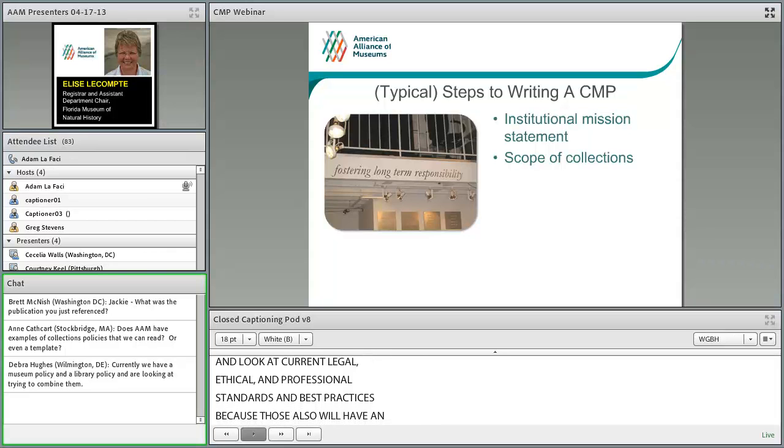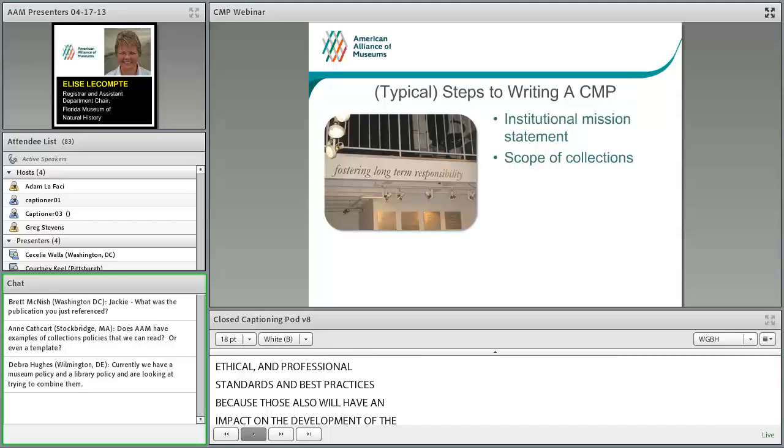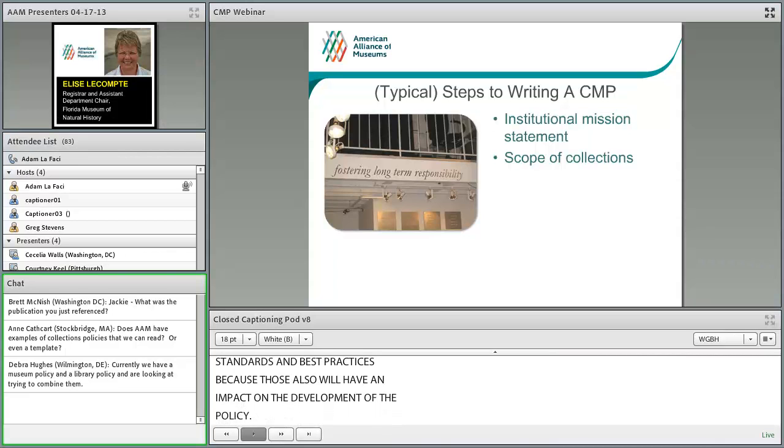You need to review the scope of collections. Again, you can't write a policy to manage the collections if you don't know what the collection consists of. Usually the scope of collections tells you not only what's in the collection, but if you have different types of collections like permanent collections, teaching collections, hands-on collections, and so forth.